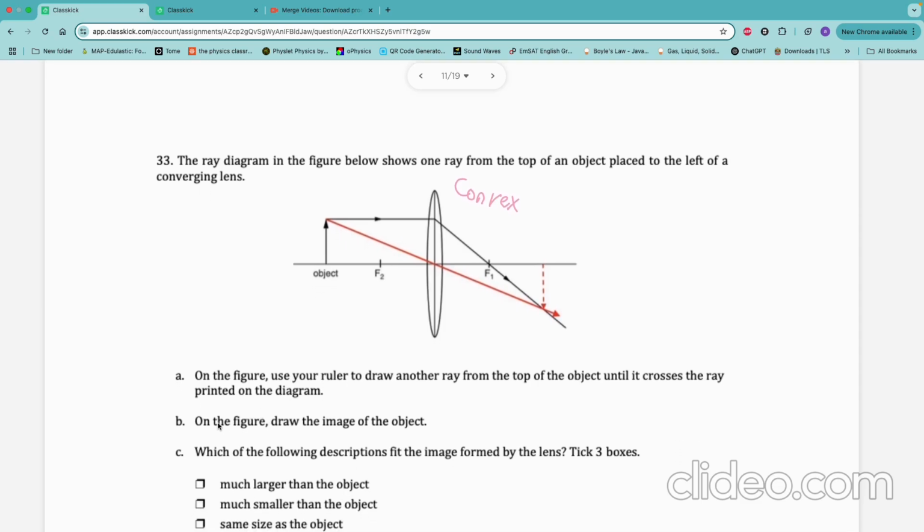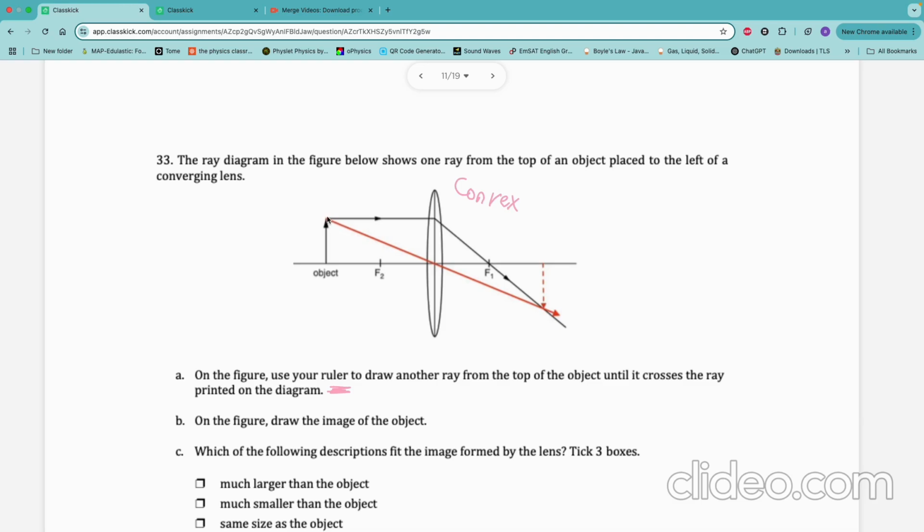Okay, so on the figure, use the ruler to draw another ray from the top of the object. If we need to draw another ray, it's up to you.